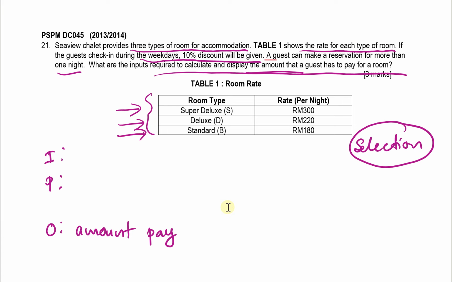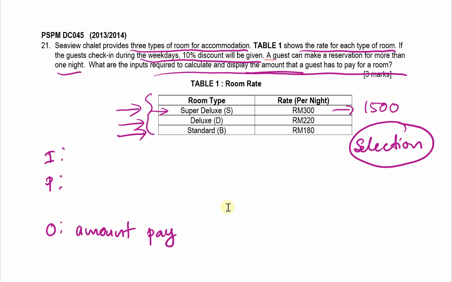Okay, let's say I want to book super deluxe for 5 nights. That's why this one is a selection. It means that, let's say my room type is S, I enter S, so it will go to this one. Room type S, and I enter, let's say, 5 nights. So 5 nights for S, and then I have to pay how much? 1,500 ringgit.